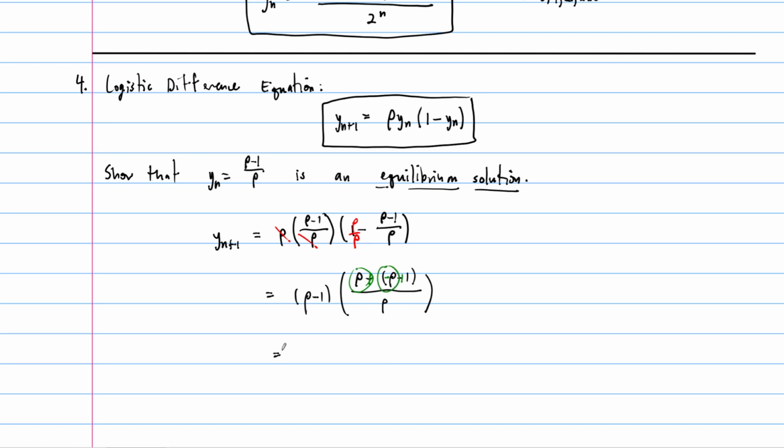And so this is going to be rho minus 1 times 1 over rho. Well, that's rho minus 1 over rho. That's y sub n. And so at this point, we've shown that y sub n plus 1 is equal to y sub n. Therefore rho minus 1 over rho is an equilibrium solution for this particular logistic difference equation.